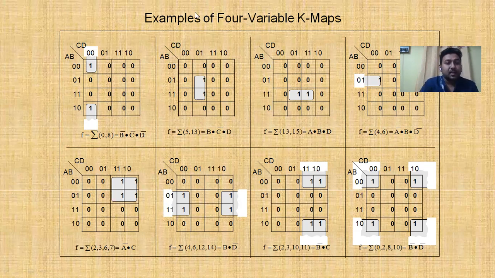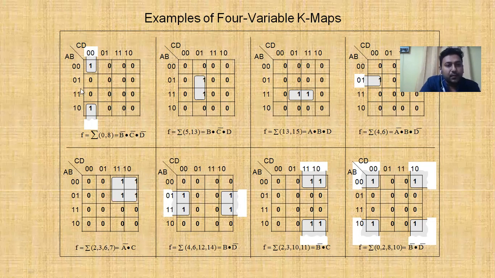Here only 2 inputs are 1, 0 and 8. In the position of 0 we put 1, and in 8 we put 1. So only these two are 1, others are 0. This one is the uppermost and this is the lowermost. These two form the grouping.